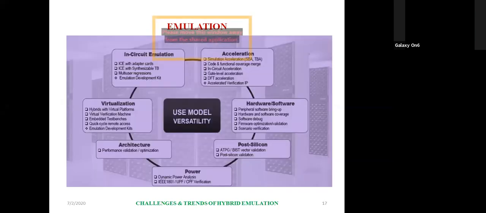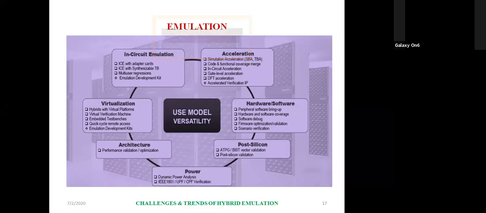Here you can see your in-circuit emulation. This is IC with adapter cards. We can use multi-user regressions, emulation development kit. Here take the fast accelerations: in-circuit acceleration, gate level acceleration, design for test acceleration, and you have accelerated verification IP.